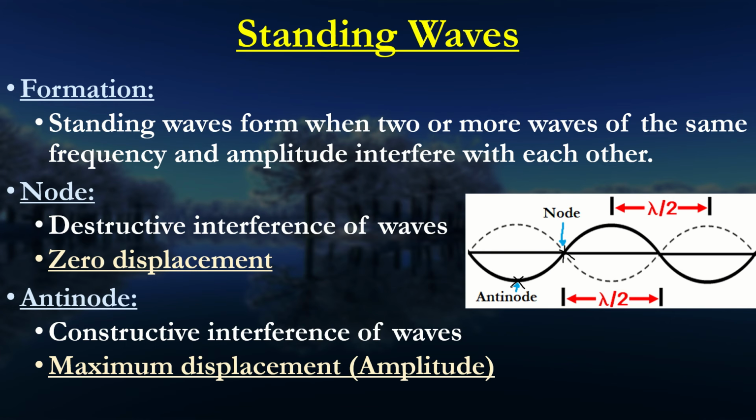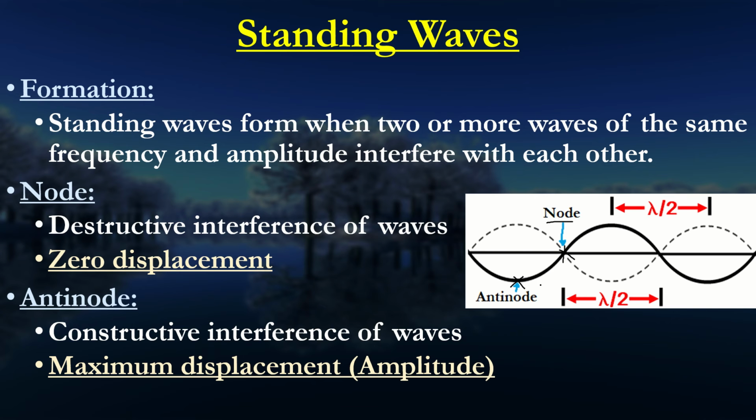What I said in the previous lesson: when you get a node, that means there's zero displacement, and in the standing wave, that's where you get complete destructive interference. So the maximum of one wave is interacting with the minimum, or the opposite maxima, of the other wave. The antinode is where we get constructive interference, so they combine to make a bigger wave, and that's where we get maximum amplitude.